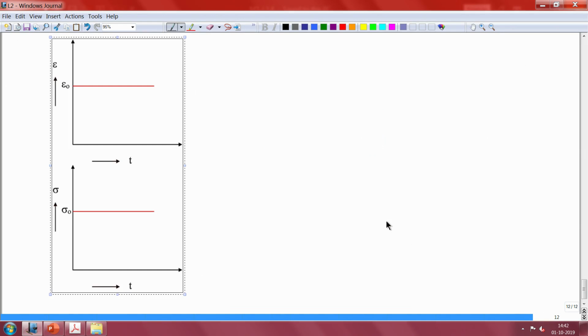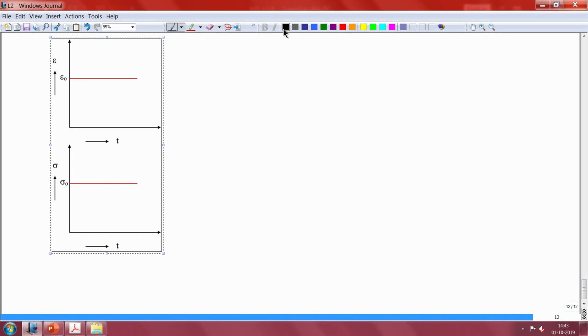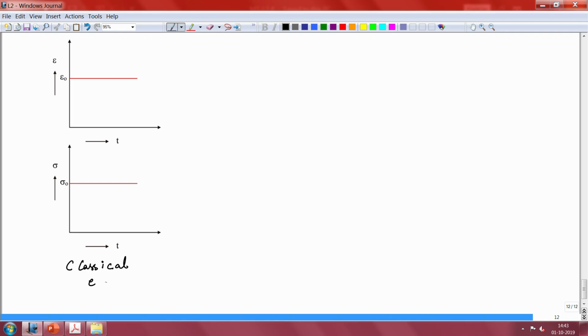So, this is your classical elastic response, where you had applied a known amount of strain and you had gotten a known amount of stress.